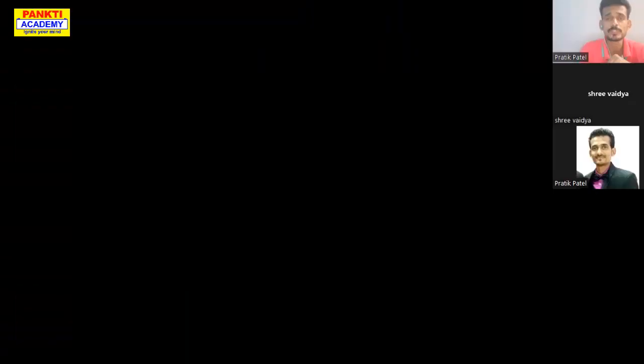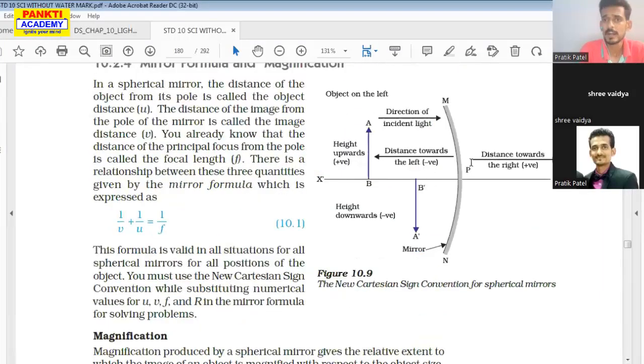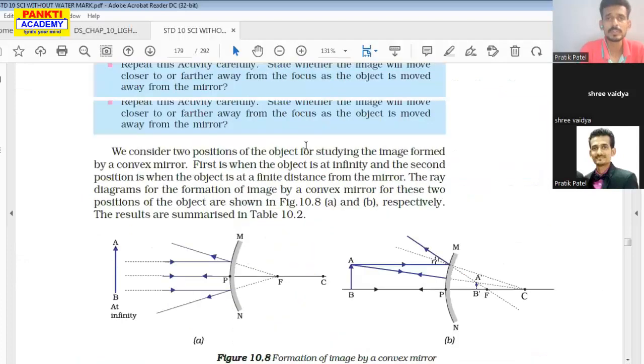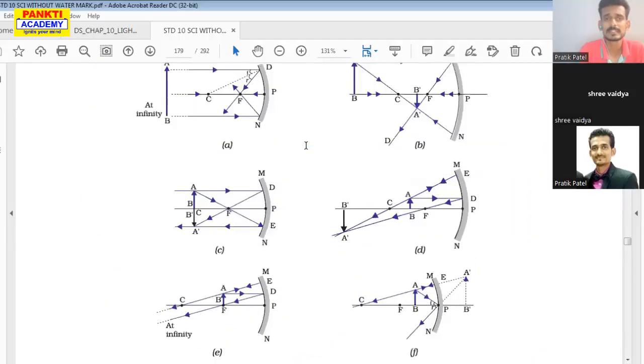In the image, from P to the upside is positive. Now you already know in a concave mirror there are a total of 6 ray diagrams. In the first diagram, the object is placed very far, but its distance you don't know, so you can't have u.